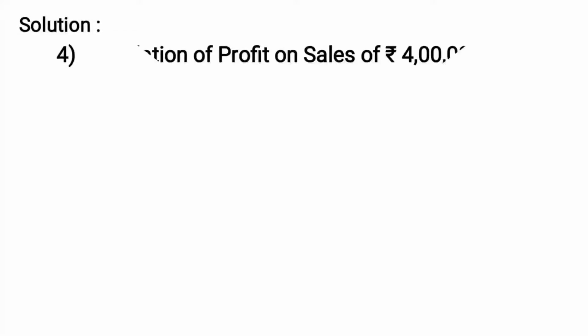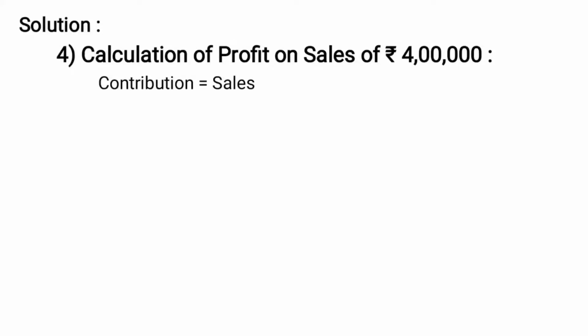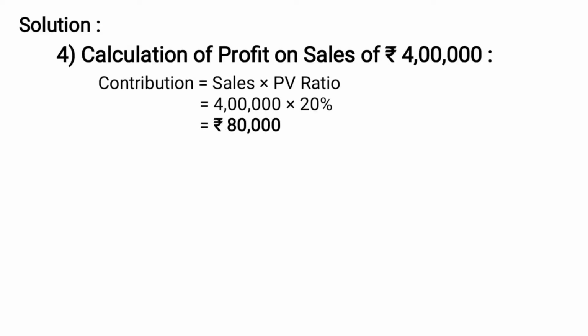Fourth, calculation of profit on sales of rupees 4 lakhs. So contribution is equal to sales into PV ratio, which is equal to sales amount is given as rupees 4 lakhs into PV ratio, which is 20%. So the contribution amount will be rupees 80,000.